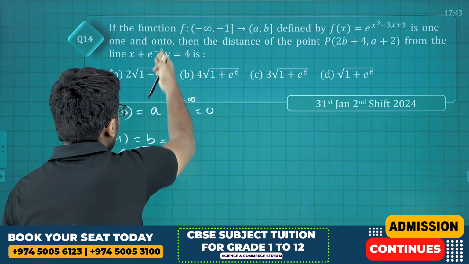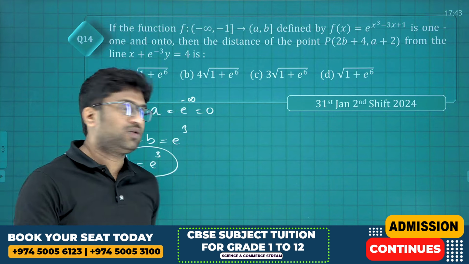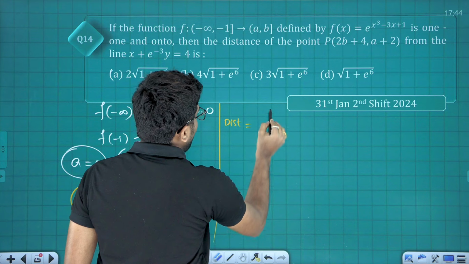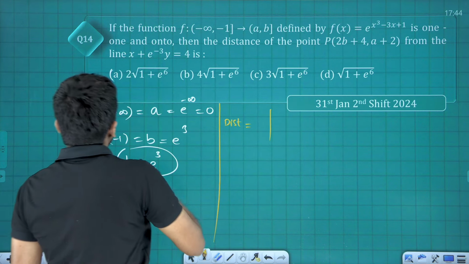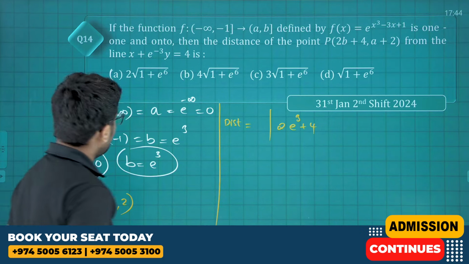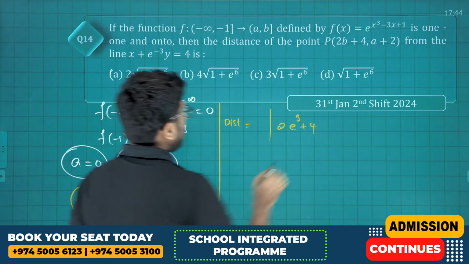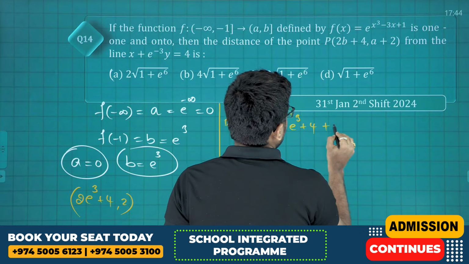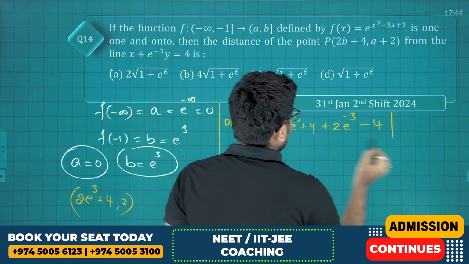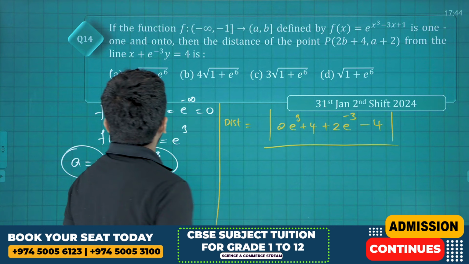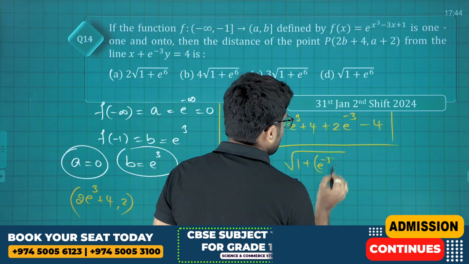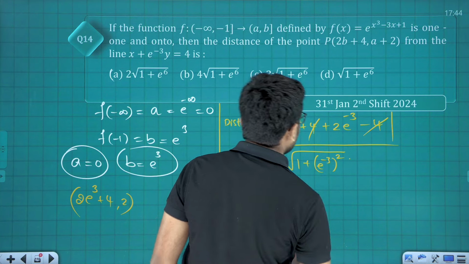We got the point, we know the line. So the distance is equal to mod of, we will substitute the point in this, 2 times e cube plus 4, plus 2 into e power minus 3 minus 4, divided by square root of a square plus b square, that is under root 1 plus e power minus 3 whole square. So 4 minus 4 gets cancelled.